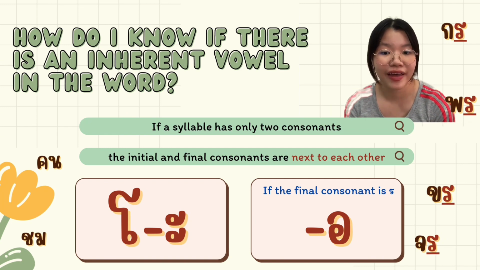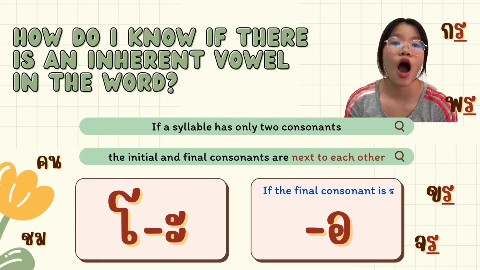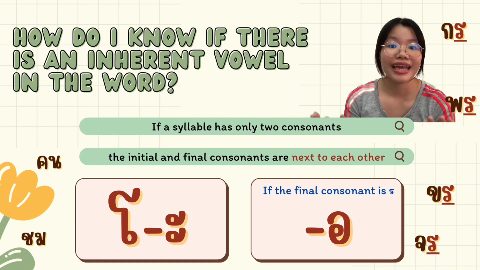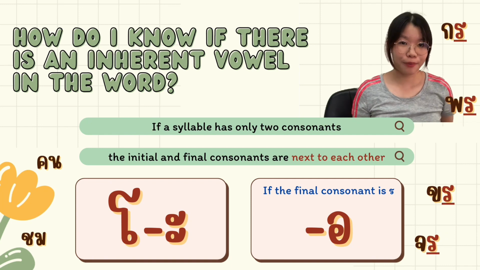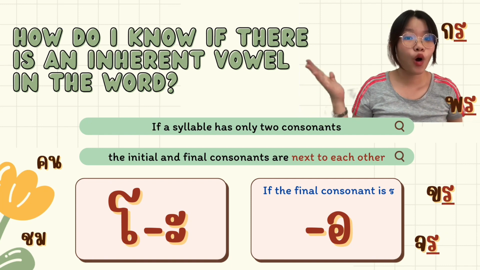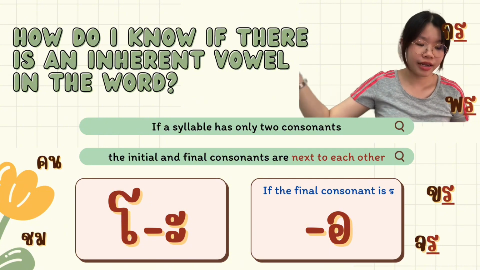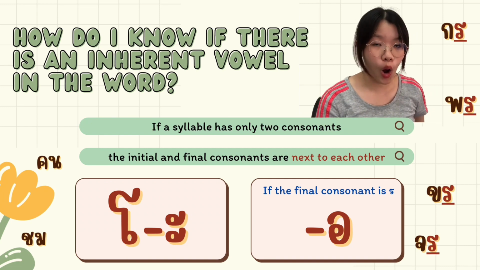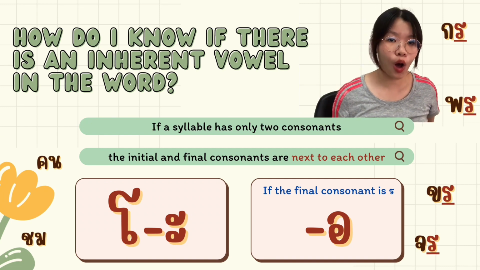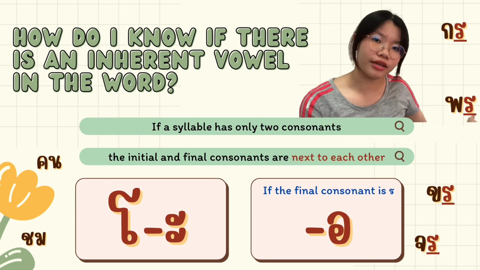And if the final consonant is รอเรือ, it's going to be สระออ. For example, สระโอ in the words คนชม and สระออ in the words กร and พร.